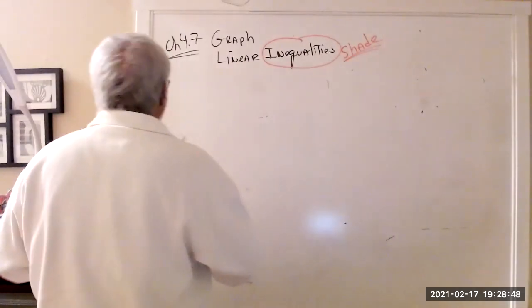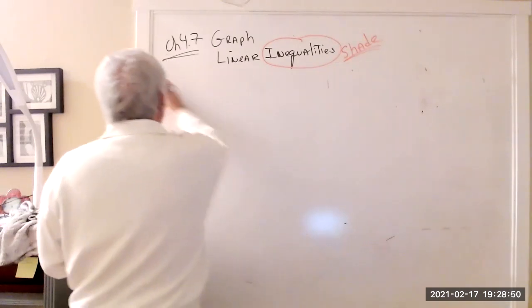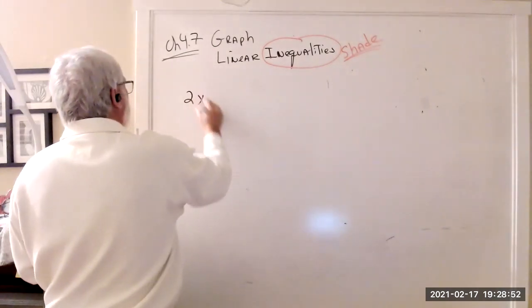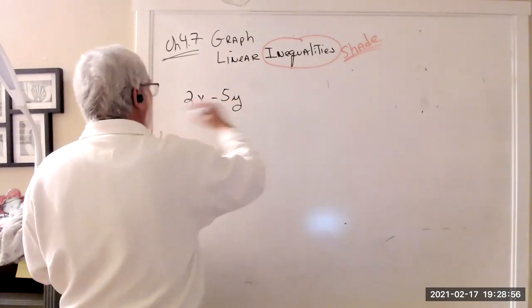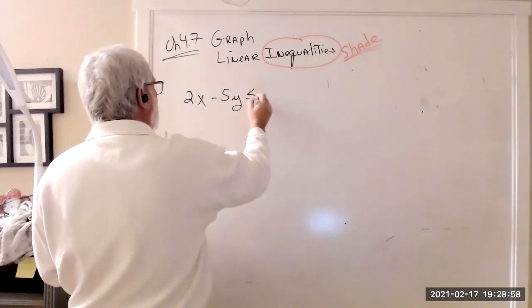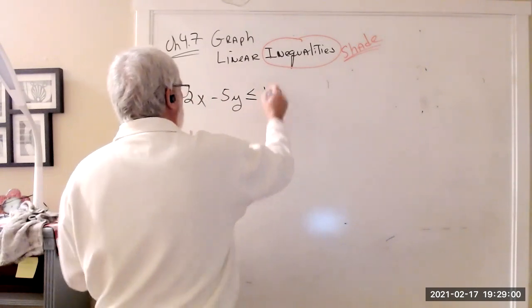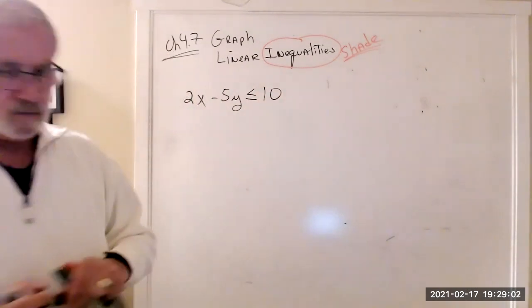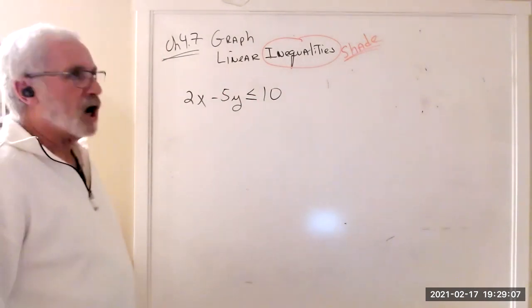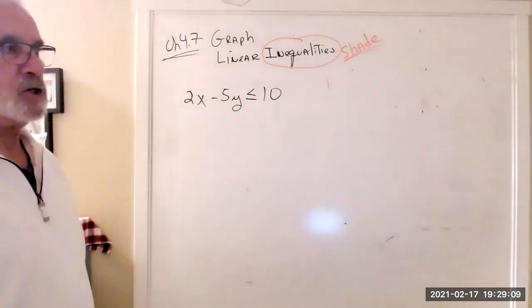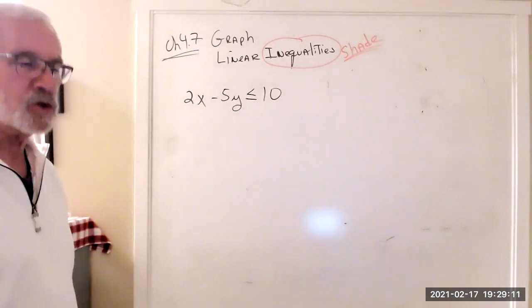So what if I said, here, I want you to graph this one. 2x minus 5y is less than or equal to 10. Okay, well, this is not in slope-intercept form, so we cannot use the shortcut trick.